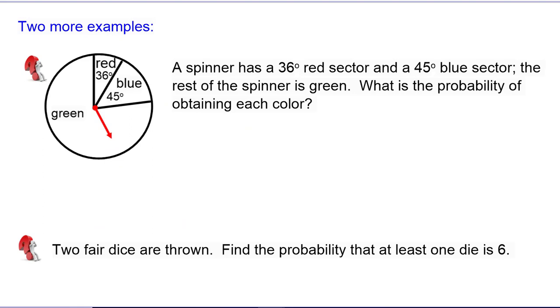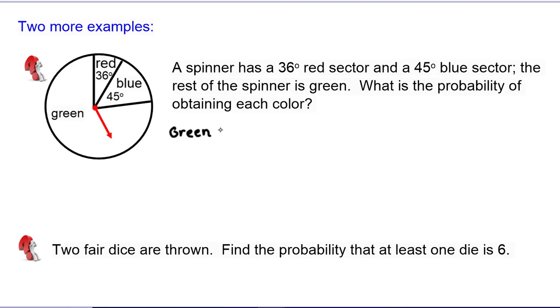2 more examples. So this time we have a pie chart. A spinner has a 36-degree red sector and a 45-degree blue sector. The rest of the spinner is green. What is the probability of attaining each color? So first of all, this is talking about degrees. Let's figure out the green one.